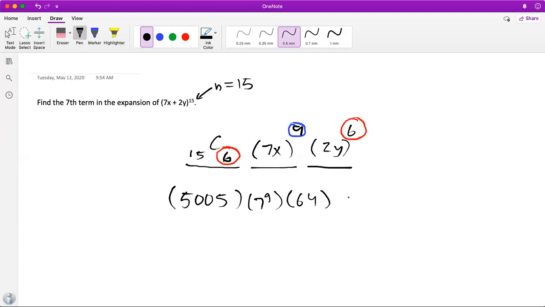Sorry, it's x to the 9th and y to the 6th. When I multiply all this out in my calculator, I get a ridiculously big number, which is 1.2926-ish times 10 to the 13th, x to the 9th, y to the 6th. So this is the 7th term.